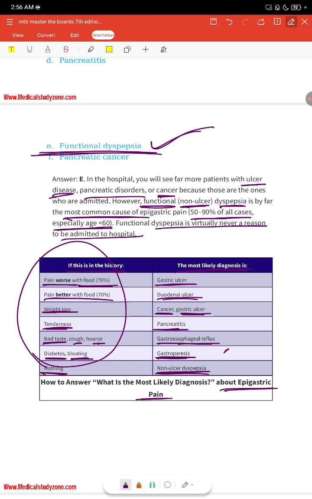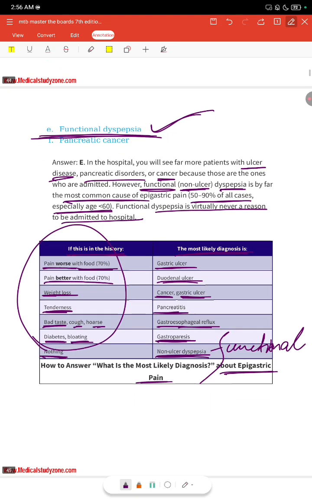So that's what we call functional dyspepsia.